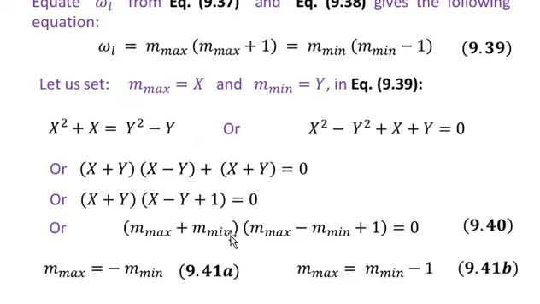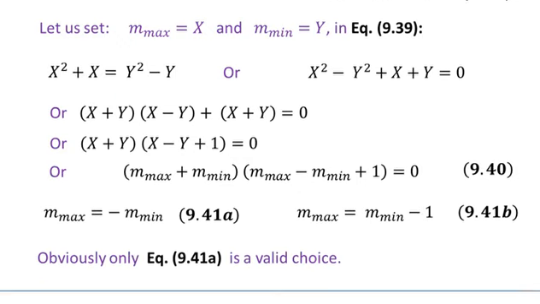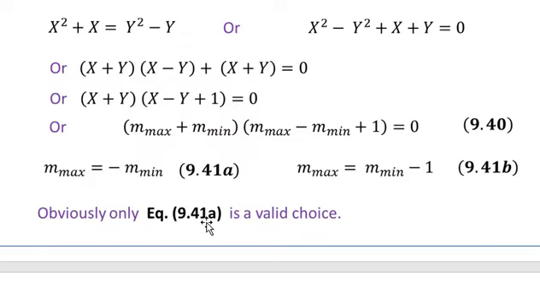From the first factor you have m max is equal to minus m minimum, as shown in equation number 41a, and from the other factor m max is equal to m minimum minus 1, as shown in part B. Obviously equation 41a is a valid choice, whereas the second choice shown in part B of equation number 41 is not physical. So we are choosing equation number 41a, that is m max is equal to minus m minimum.